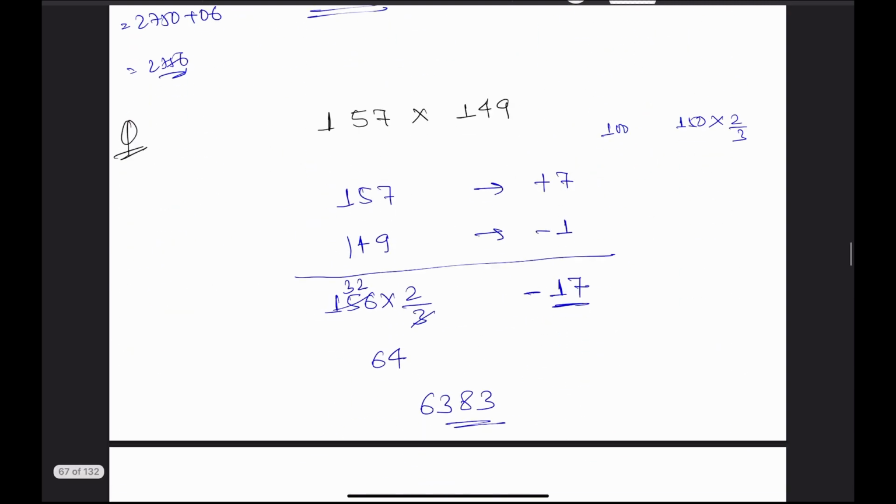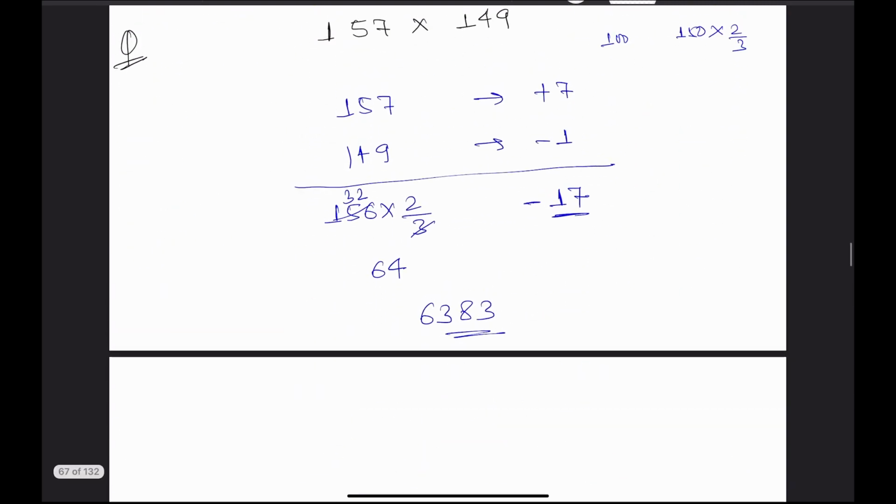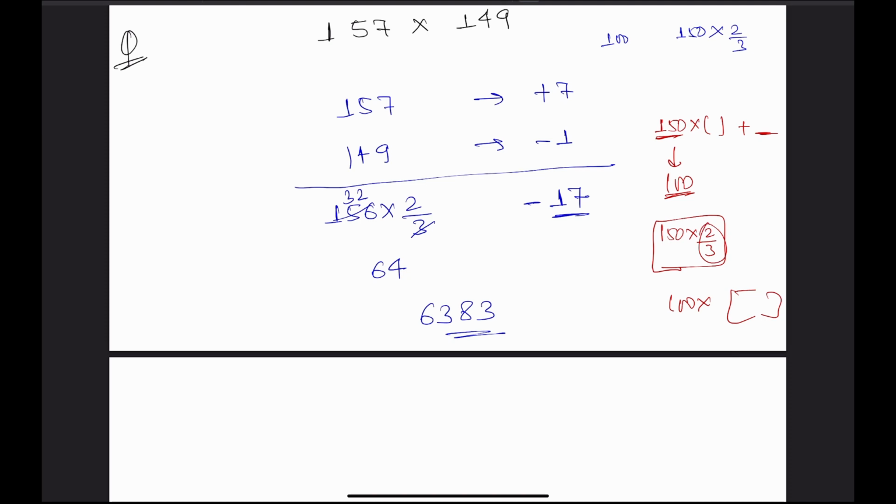Let's just understand what mistake I made over here. Our equation should look something like 150 into some value plus the last two values. We want to make it as 100. So what we should do is 150 into 2 by 3, then only it will become 100 into something. So this value should be there, 2 by 3.